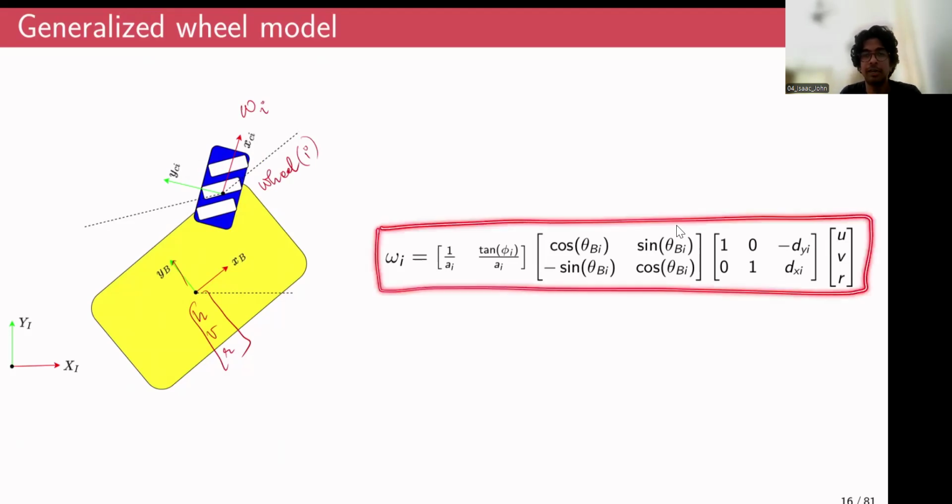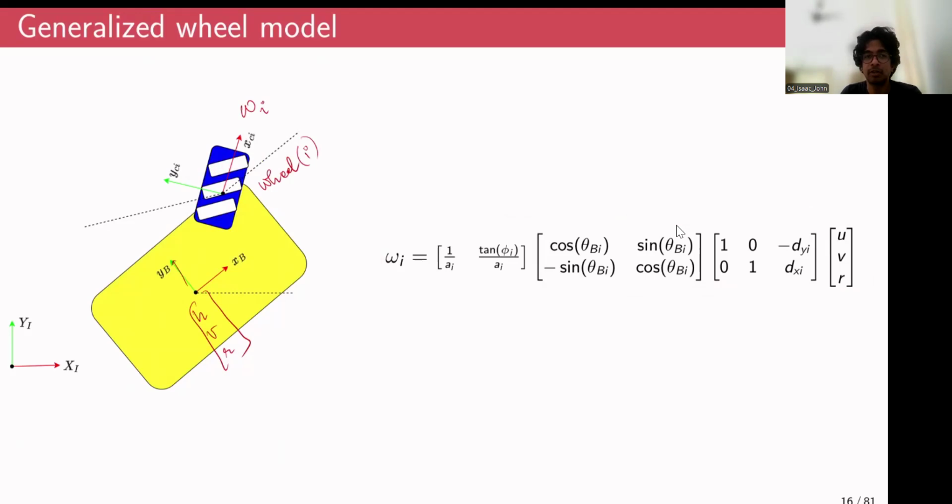and if you want to map u, v, r to the angular velocity of the ith wheel, you can use this generalized wheel kinematic model. Because ultimately, if you know the velocity of the robot chassis using u, v, r, you want to know what input you should be supplying to the wheels so that you can achieve this u, v, r. You specify the desired motion using u, v, r, and to achieve this, what should be the omega i, or the velocity you should be supplying to the actuator.